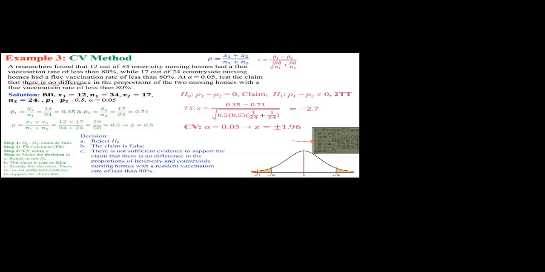But the calculator gives you the p-value. In any event, it is less than alpha of 0.05, and you have the same decision. The p-value equals 0.007, rounded, and that's less than alpha of 0.05. Therefore, reject H0, and then you do the writing. So it gives you exactly the same answer.